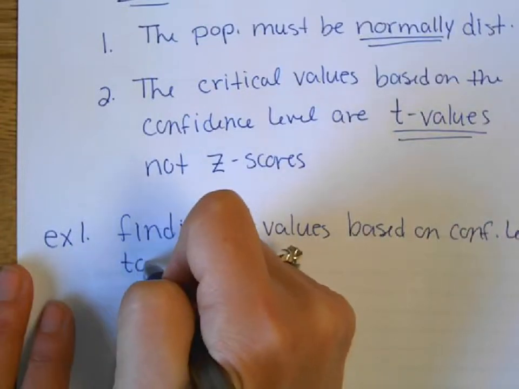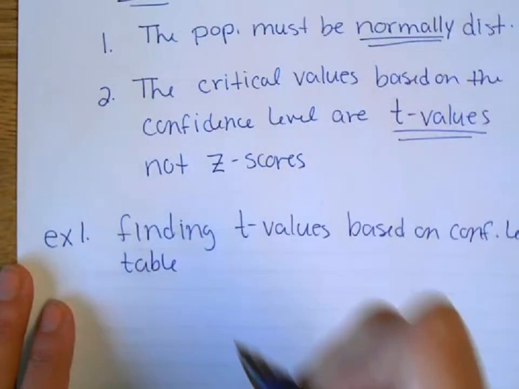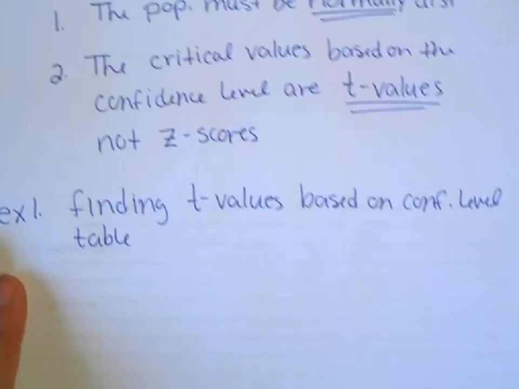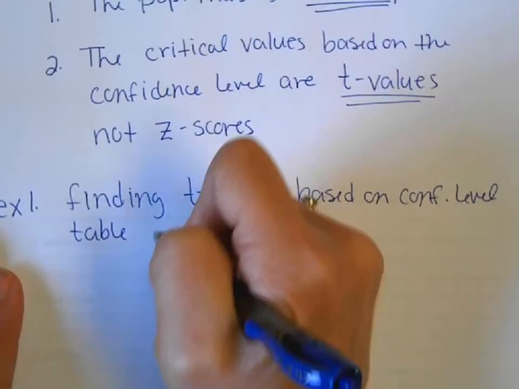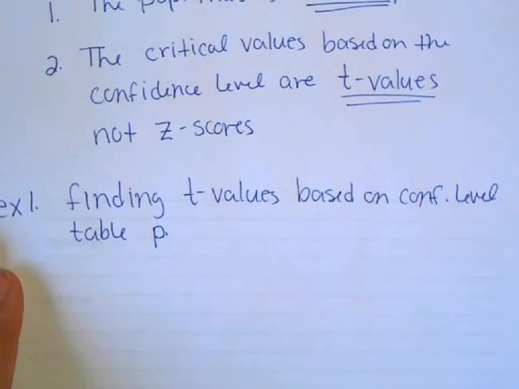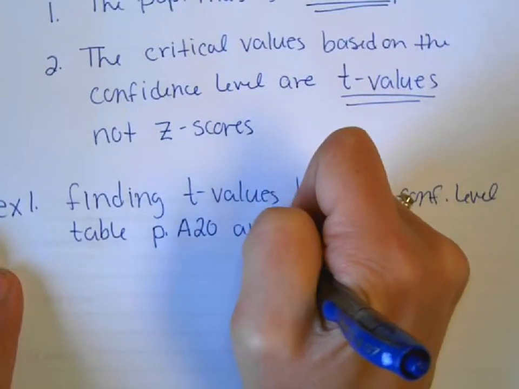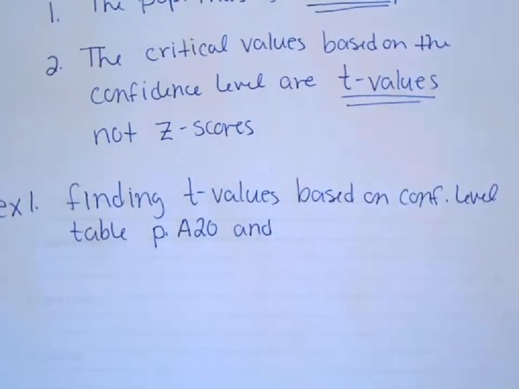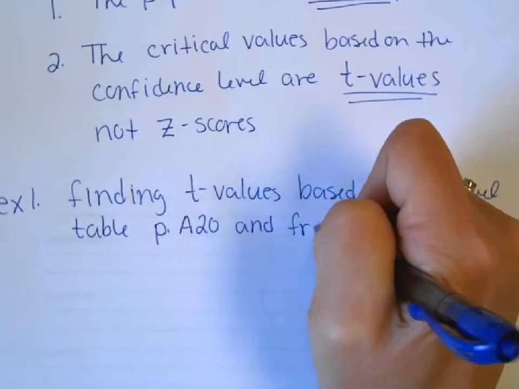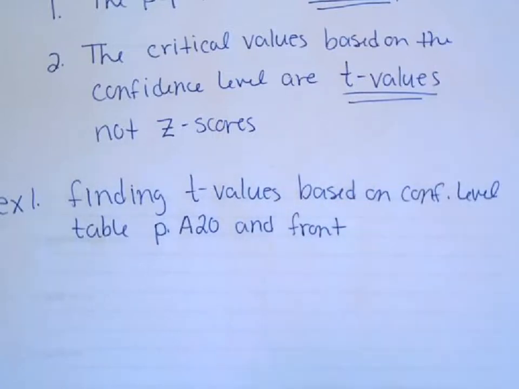The table... Are we supposed to know already how to find... Nope, I'm going to show you right now. The table is on page A20 in the back of your book, and it's inside the front cover. If you go back one page past that two-page z-score table that we're using, you'll see the t-table.